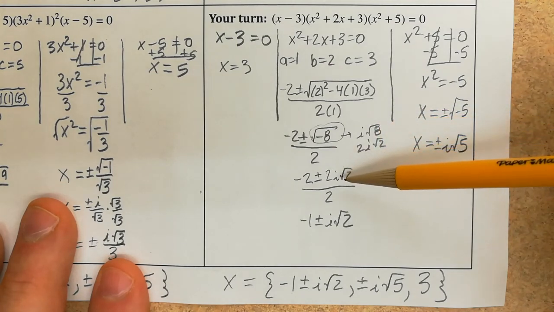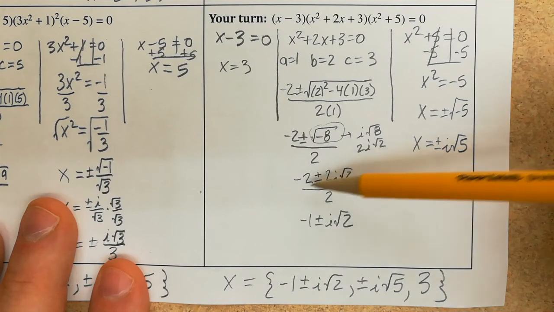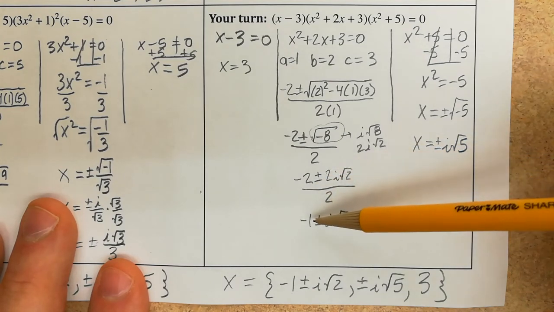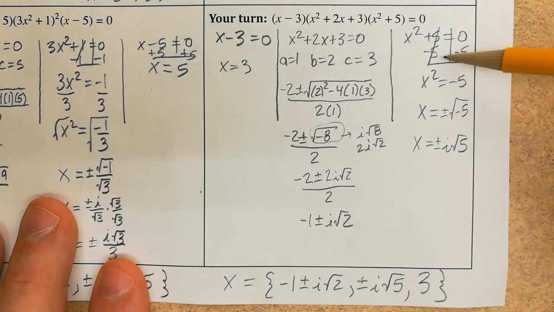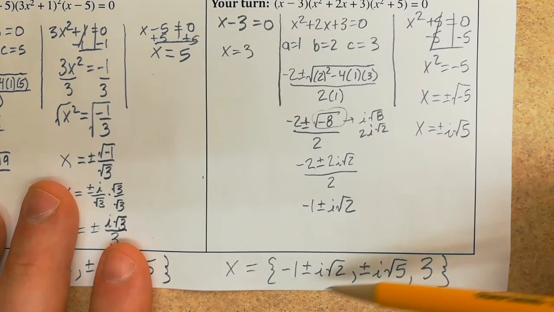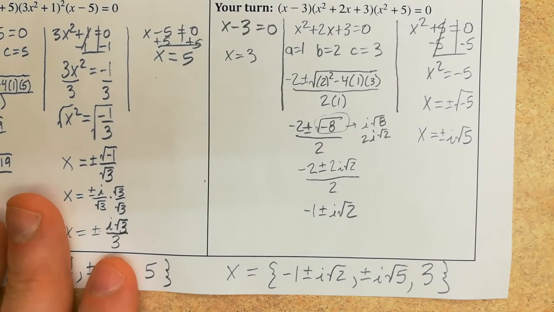You put that back in for the square root of -8. The 2's all cancel here. You're left with -1 plus or minus i root 2. And then over here, you take away 5 on both sides, take the square root, you end up getting positive or negative i root 5. So here are all the roots of that polynomial.